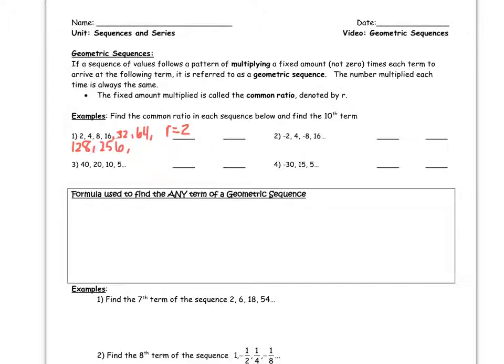And then times 2 again is 512. So let's just make sure that I've got 10 terms. 1, 2, 3, 4, 5, 6, 7, 8, 9. Whoops, I need one more. 512 times 2 is 1024. So we would say a sub 10 is 1024.